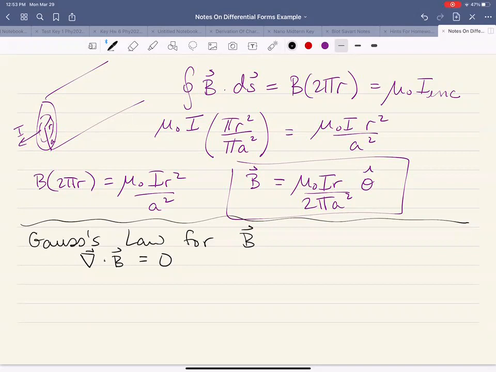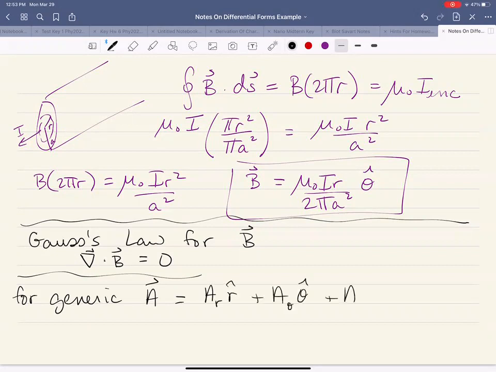So if you look in the back cover of your textbook, you'll see that for a generic vector A, and here A would be equal to A_r r hat, plus A theta theta hat, plus A_z z hat. So this would be in cylindrical coordinates, right?